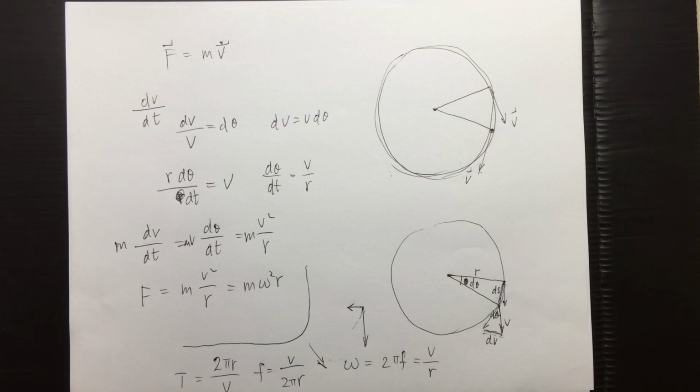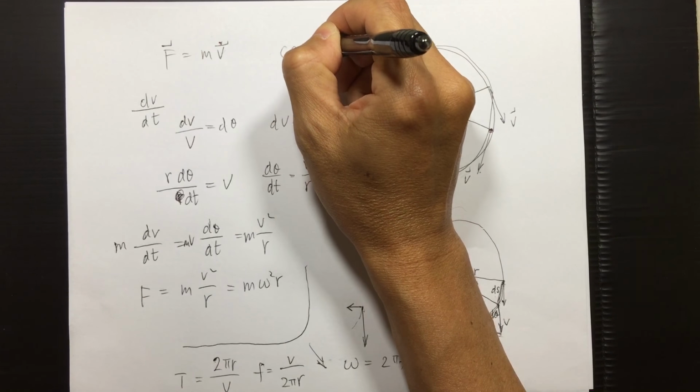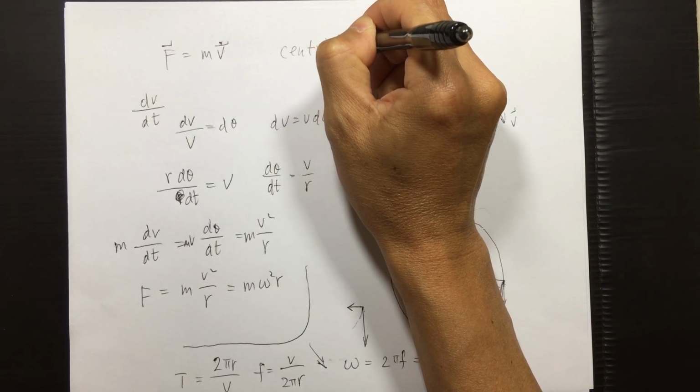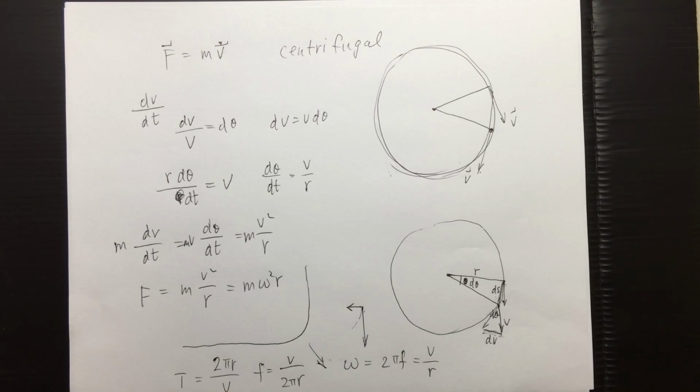But let's say you are the one in the car. You're making a turn. You feel a force going out. Which we call that... I don't know. Is that centrifugal or centrifugal? I don't know. Same thing.